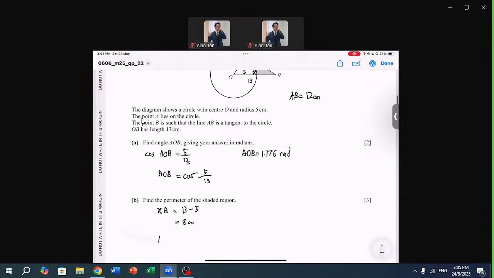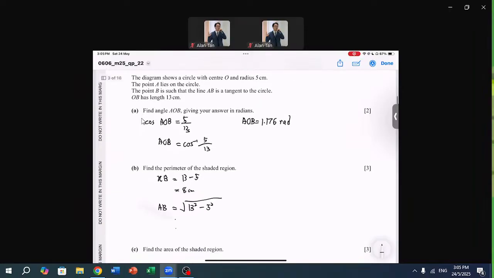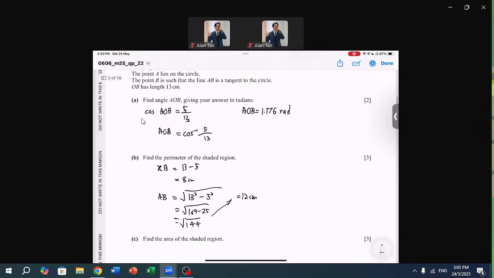Secondly, AB, as I mentioned, is going to be the square root of 13 squared minus 5 squared, which is 169 minus 25 equals 144, equals 12 cm.